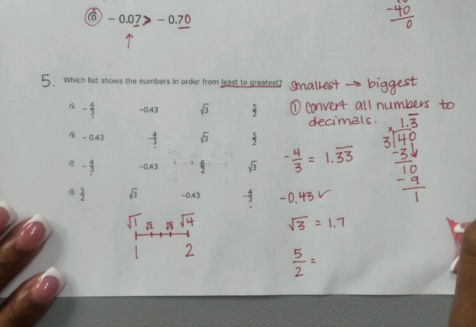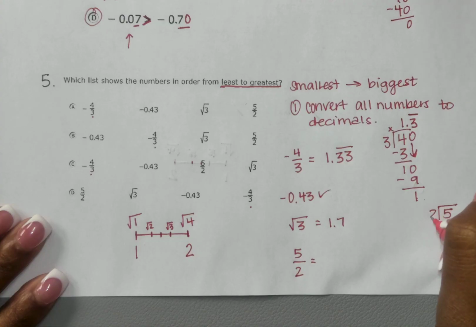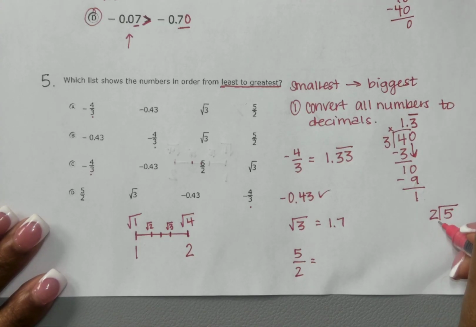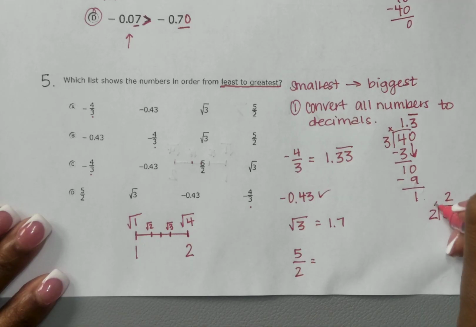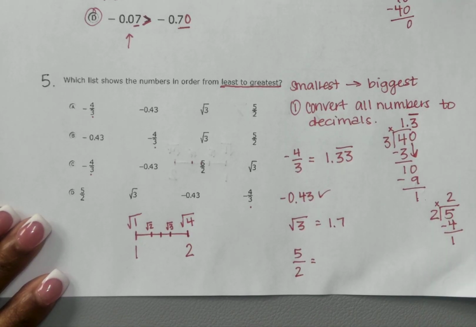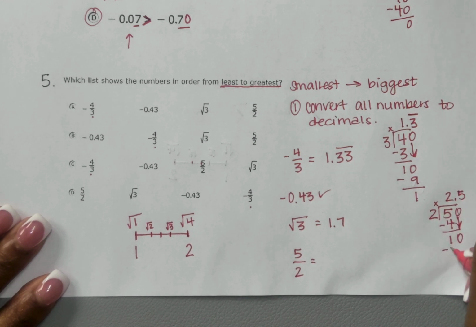So again, I'm going to divide the numerator by the denominator, and 2 goes into 5 2 times. 2 times 2 is 4. We're left with 1. 2 does not go into 1, so we're going to add that decimal, bring down the 0. 2 goes into 10 5 times. 2 times 5 is 10.